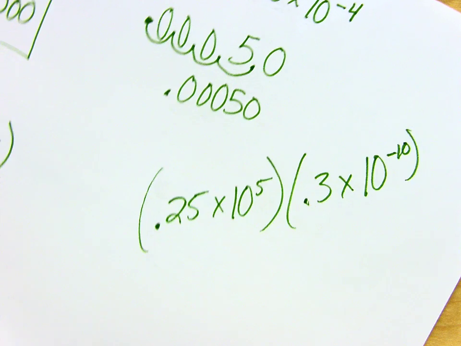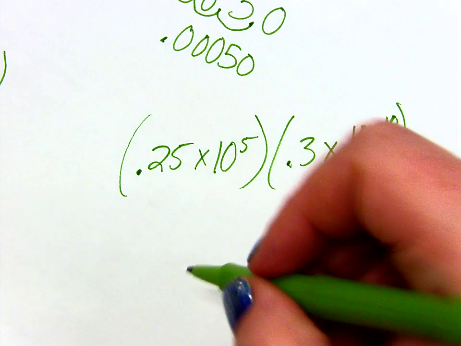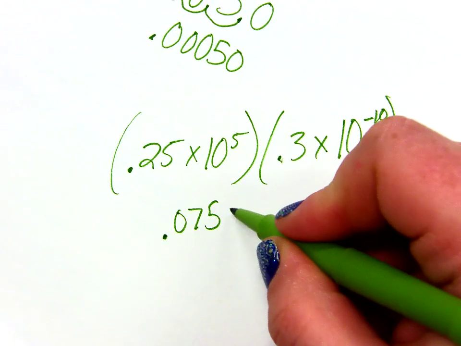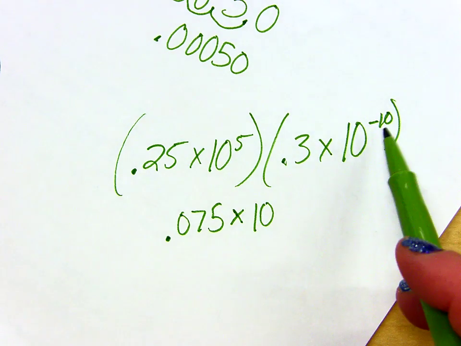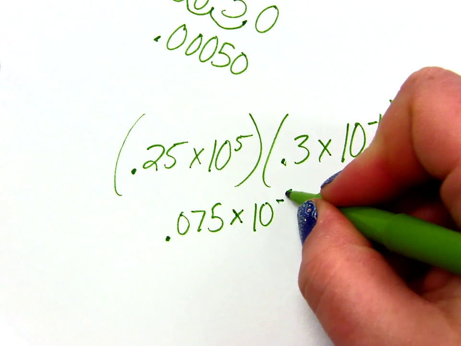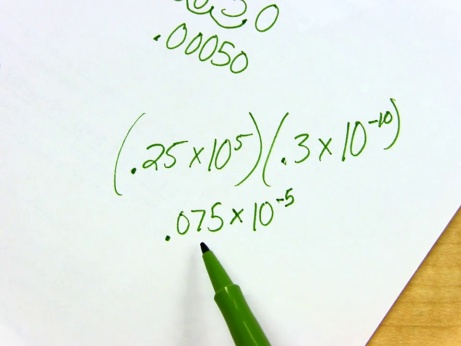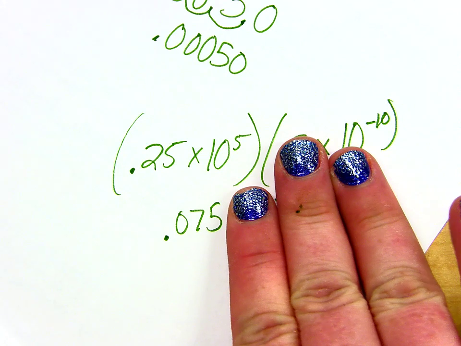If I multiply my two numbers together, 0.25 times 0.3 gets me 0.075 times 10 to the what power? If I have 10 to the 5th and 10 to the negative 10th, that's 10 to the negative 5th. Now, you cannot leave your answer like this because this number is not between 1 and 10. So, ignore the times 10 to the negative 5th for just 1 minute.